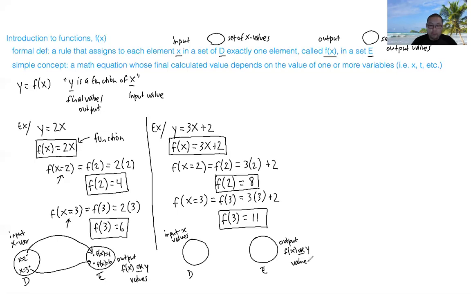Remember, f of x and y are equivalent. You can pick either one. And so in this case, we chose to evaluate this function at x is equal to 2 and x is equal to 3 as well.